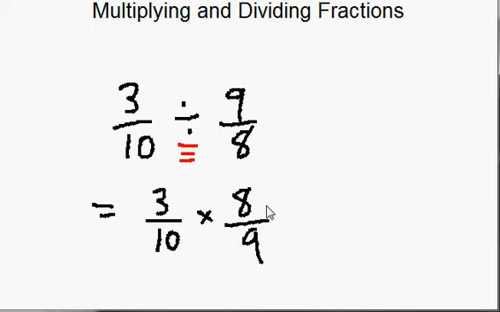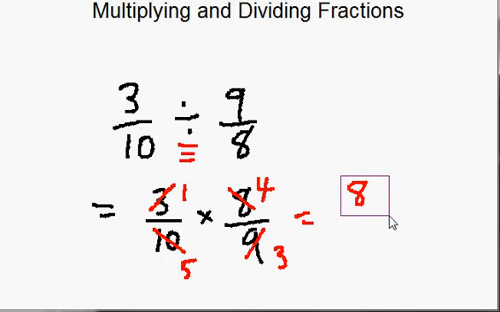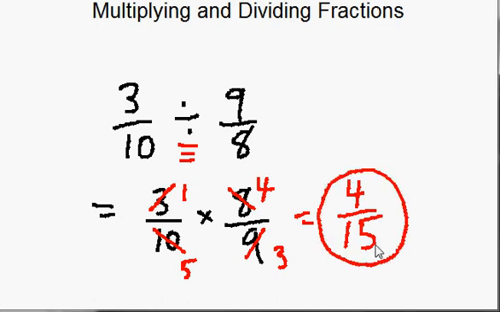I could do a little bit of reduction first here. Cancel the 3, turn that into a 1, and this becomes a 3. And we have 8. Oh, and I could also divide that by 2 and that one by 2. So I end up with 4 out of 15. So 3/10 divided by 9/8 is 4/15.